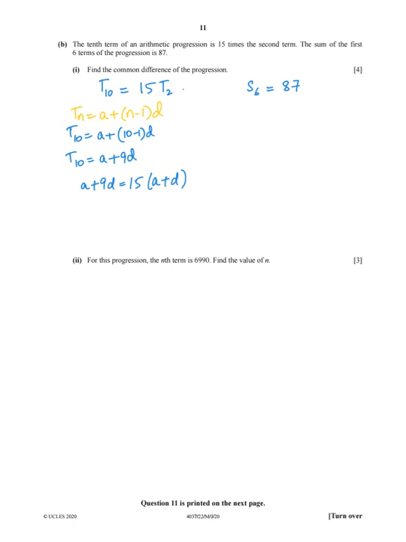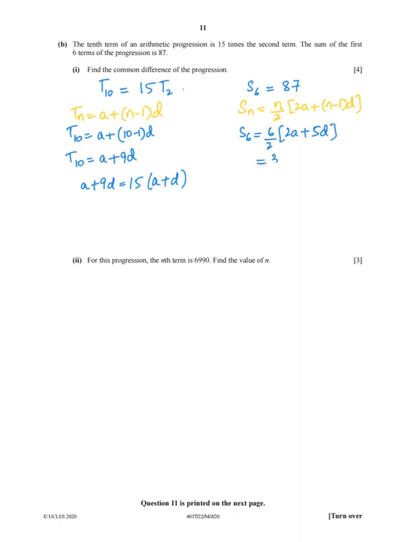Similarly, the working formula for the sum of n terms is n upon 2 times (2a plus (n minus 1)d). That is the working formula. We have the value of n as 6, so S6 equals 6 upon 2 times (2a plus (6 minus 1)d, that is 5d).